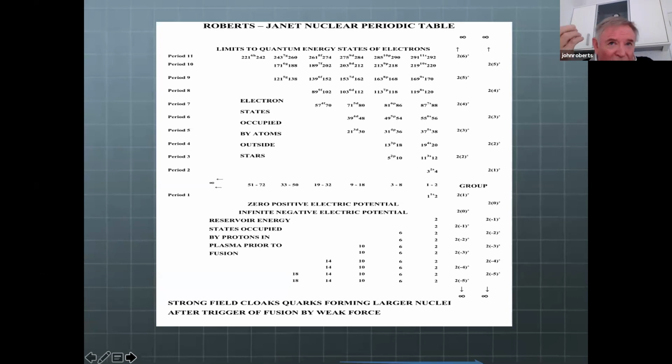So we need artificial intelligence so that we can see how things are folded, how things evolve in that sort of detail. And then slowly, as I see it, using the ideas of quantum field theory, as evidenced here by a simple, if you like, Roberts-Chanet nuclear periodic table, once you've got a more fundamental understanding of these mechanisms, we may start to see how the mechanisms that your speakers have been talking about work.